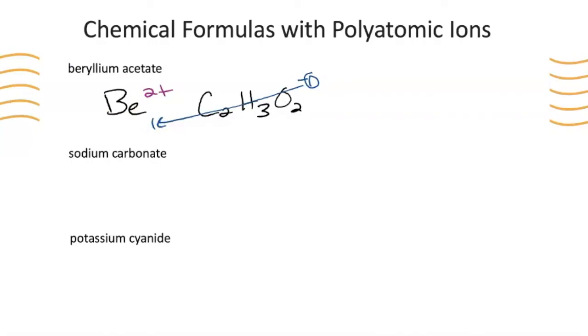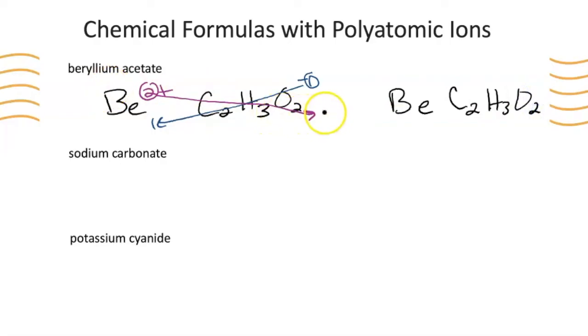A drop swap would give us Be C2H3O2, and because we have 2 of these, we're going to use our parentheses. I'm going to put my 2 there.